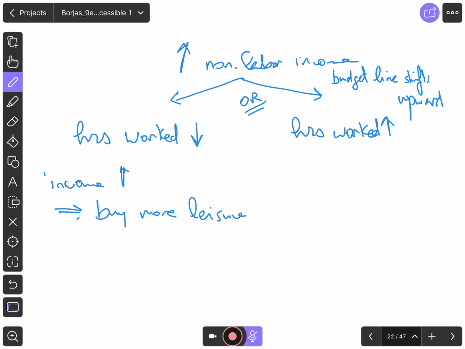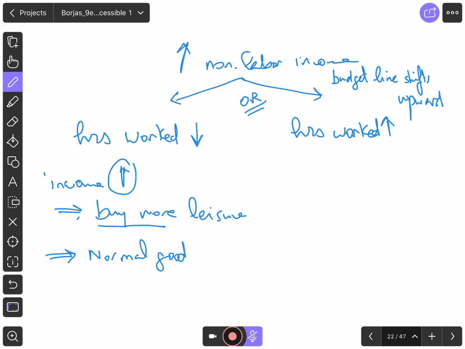If you remember from microeconomics, whenever income increases and you buy more, this is considered a normal good. This is normal behavior. As income increases, you demand more of the good, which means this good is considered a normal good.